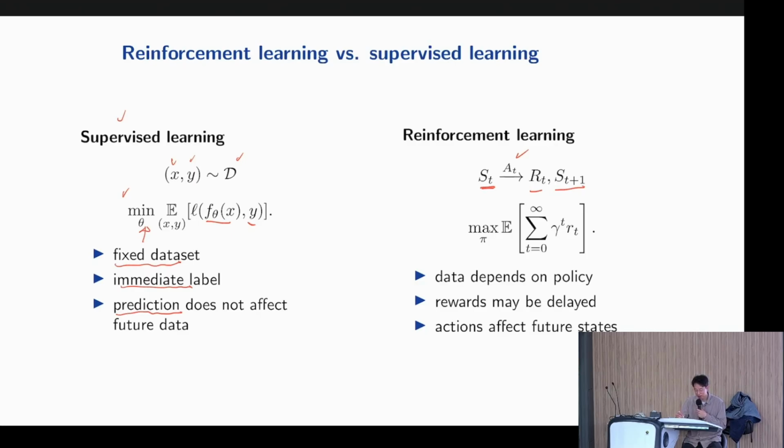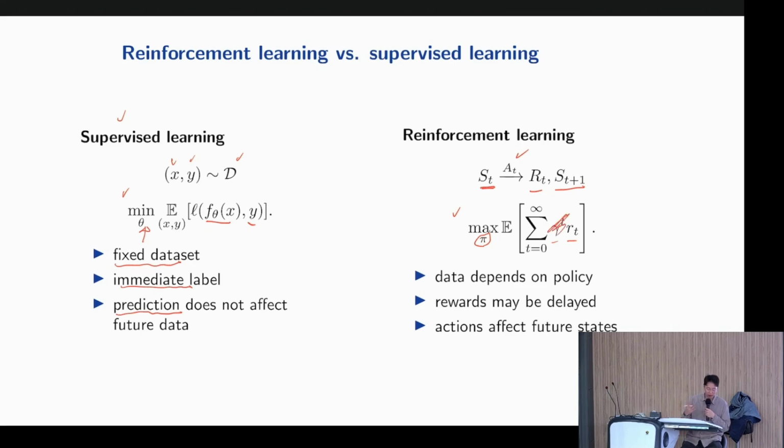And the objective, the optimization problem, is to optimize over space of all possible policies that maximizes the expected sum of rewards. So this is a discount factor. Let's just ignore this for now.